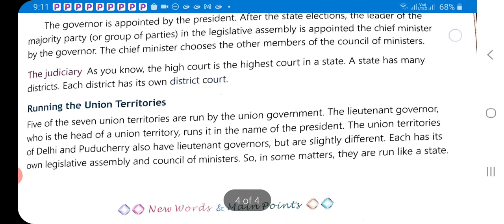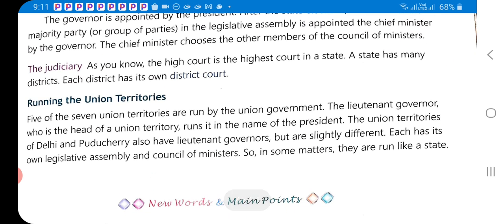Running the union territories. 5 of the 7 union territories, in your books it is given as 7 union territories, but now there are 8 union territories at present. So 5 union territories are run by the union government. The lieutenant governor is the head of the union territory and he runs the UTs, or union territories, in the name of the president.